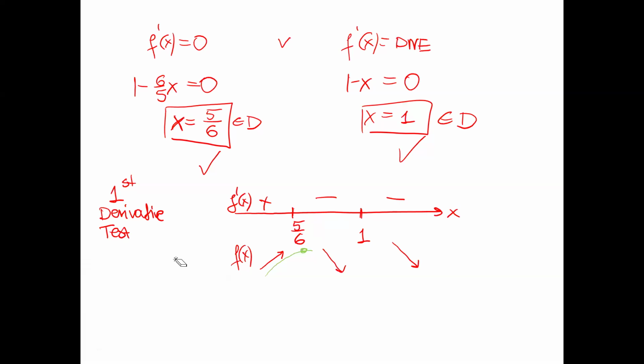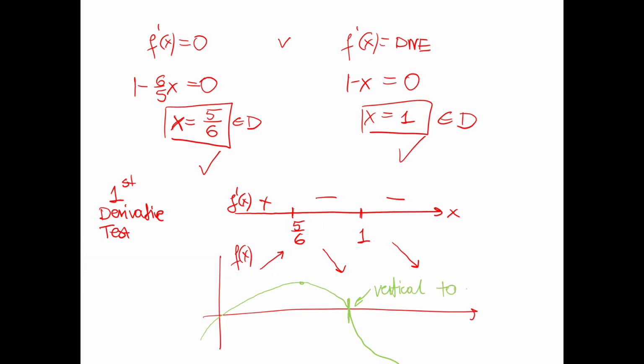Let me write this a little bit nicer. I can draw a local maximum and then something like this, a horizontal tangent here, and a vertical tangent there. The local maximum happens at 5 over 6.